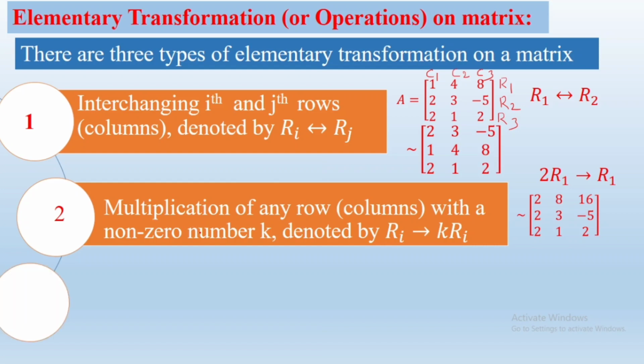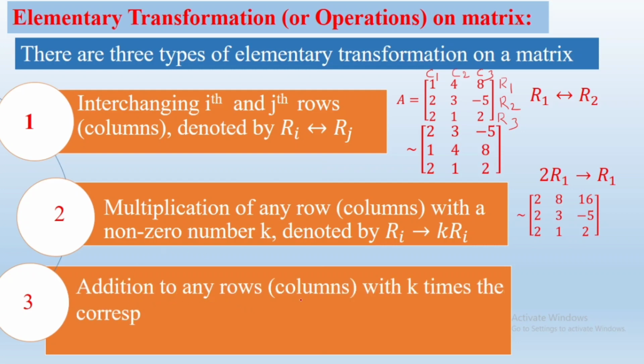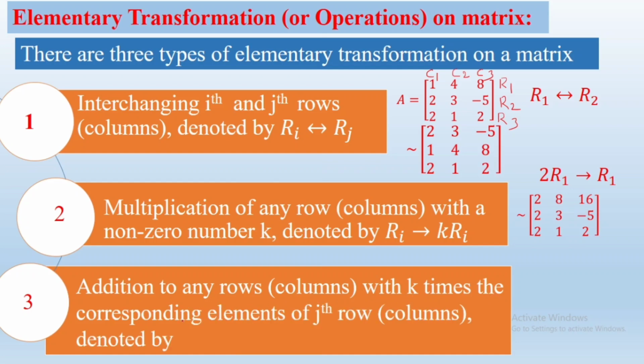And then the third elementary transformation is addition to any row or column, friends, of k times the corresponding elements of the jth row or column, denoted by Ri → Ri + kRj. That means addition of any two rows, friends. Let us see an example.